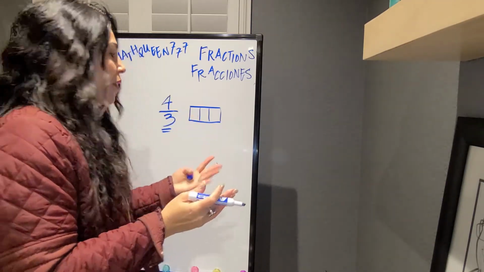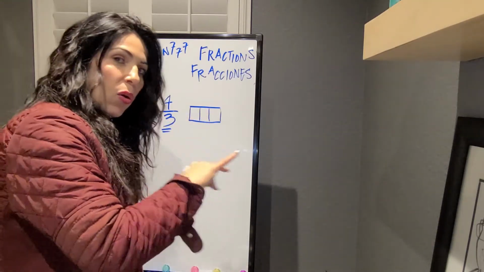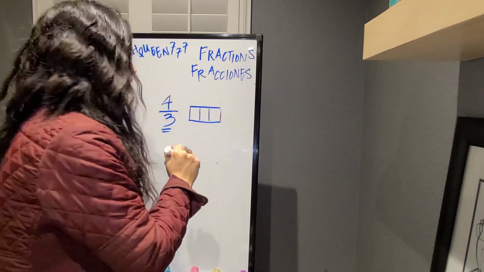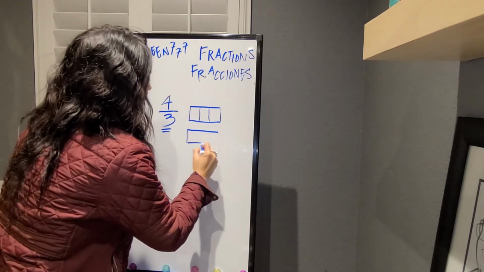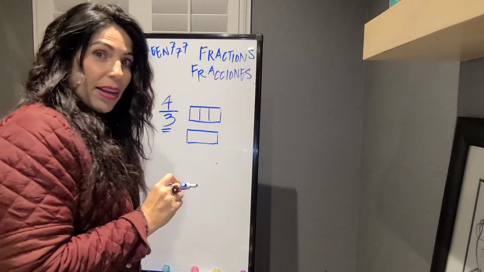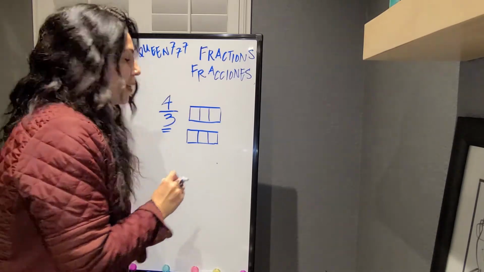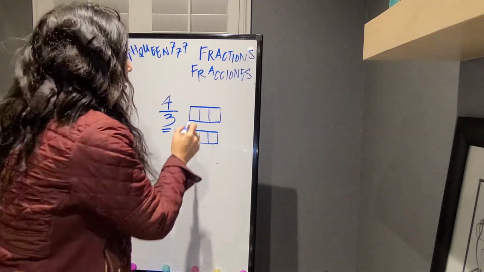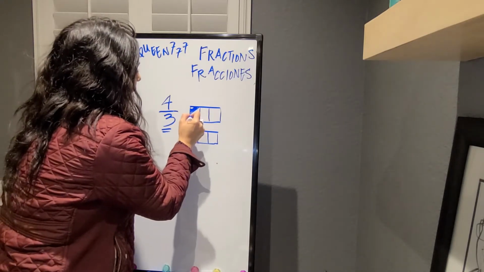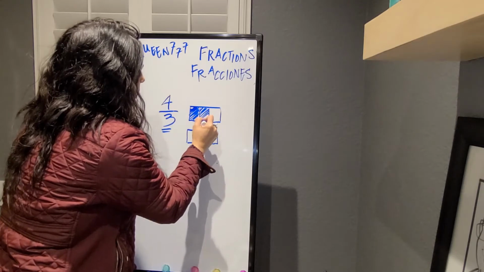Pero no tenemos 4. ¿Ok? Entonces lo que tenemos que hacer es dibujar otra unidad con 3 pedazos. So now what we're going to do is draw another rectangle that also has 3 pieces. Okay? And out of these 2, we're going to color 4 of them. Vamos a colorear o sombrear 4 en total.